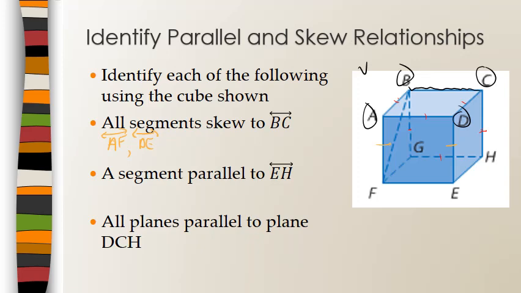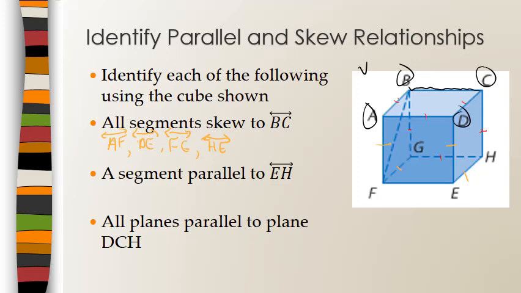And FG is skew to BC. And let's see, there's one right here, HE. And HE would be skew to BC.